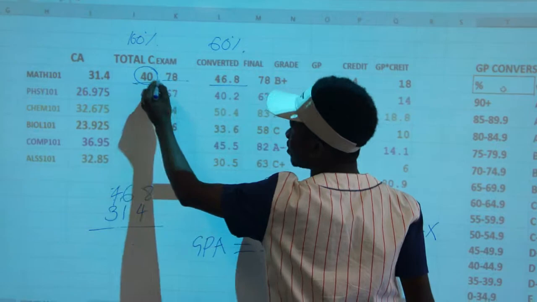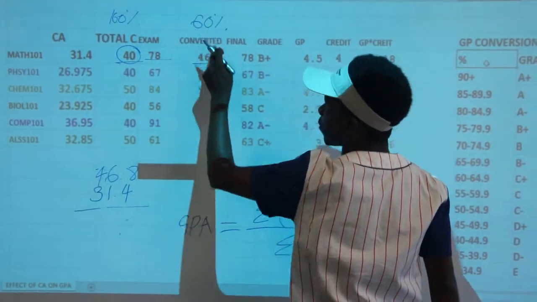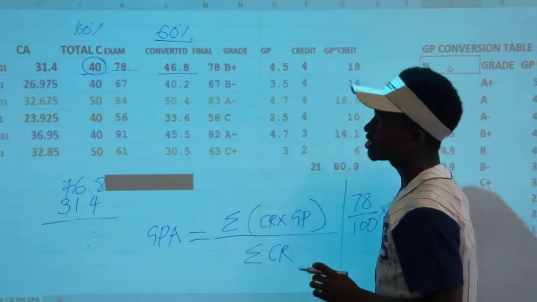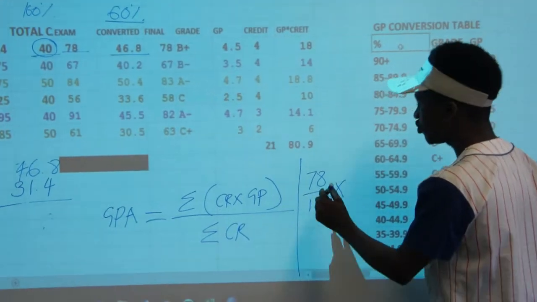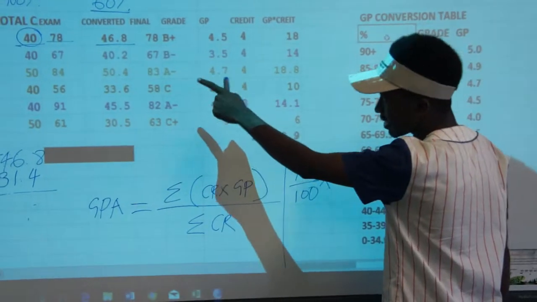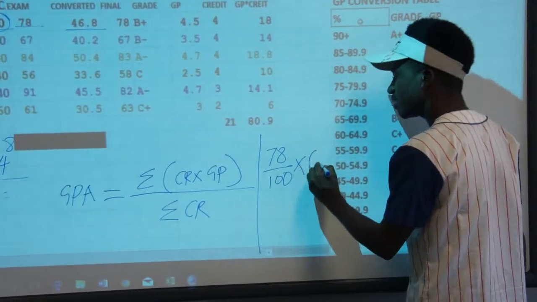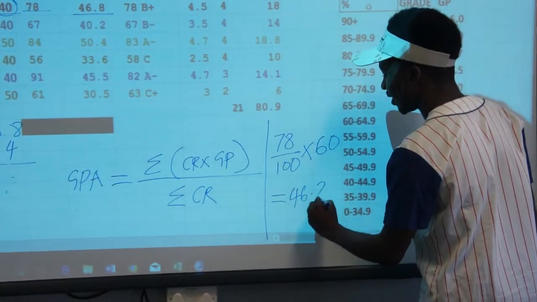You have already obtained 40% as attributed to CA. And for the exam mark, your exam takes 60% of the total mark or the final mark. So based on that, you are going to take the exam mark that you obtained, 78 out of 100, and multiply that by 60, and it's going to give you 46.8.